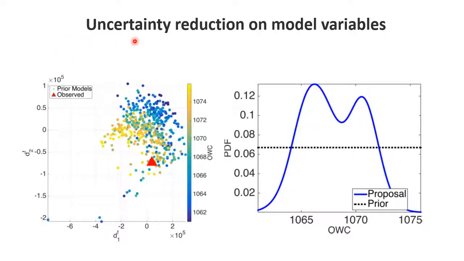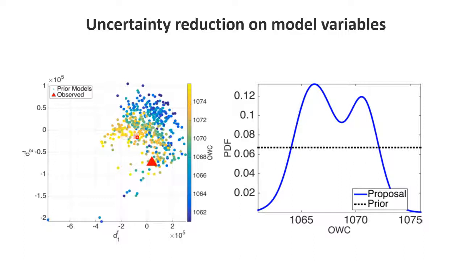So how do I do that? What is my proposal distribution? Well, my proposal distribution would be sampling more models that are more targeted. And the way to do that is, of course, to reduce uncertainty on the models themselves. So here, we notice, for example, that in the data space, this is the first principal component of the data, the second principal component of the data, so this is the data up to 4,500 days, we have now essentially the oil-water contact as a color here, and here's my actual observation.